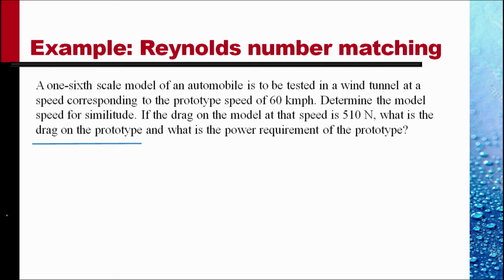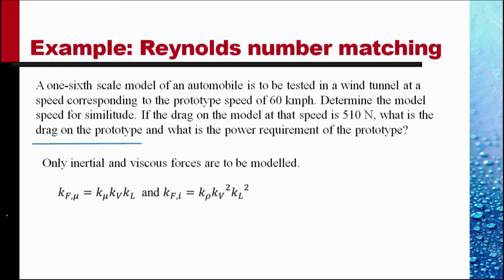In this case of an automobile moving on the road or as tested in a wind tunnel, the only forces of importance are the inertial and the viscous forces, and they need to be modeled.